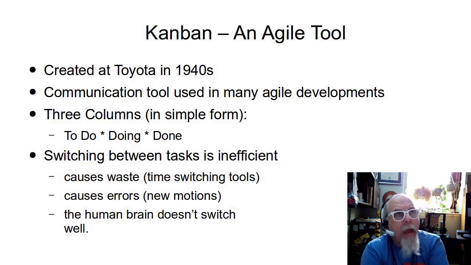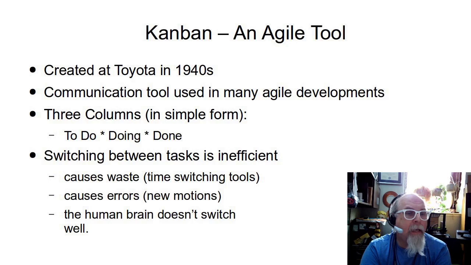Basically, imagine a whiteboard or a blackboard or some kind of sign on the wall divided up into 3 columns. Sometimes they're divided into 4 or 5 columns, but the simple Kanban I want you to understand and be able to describe and know and hopefully use is defined into 3 columns.